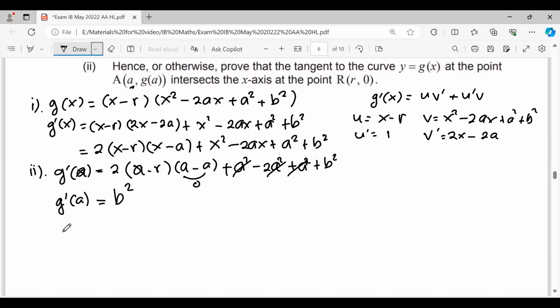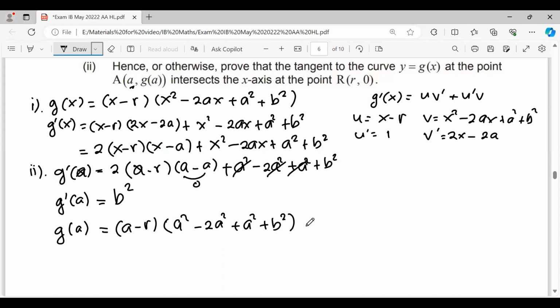Okay, now we're going back to g(x). If x equals a, this function will be (a minus r) times (a squared minus 2a squared plus a squared plus b squared).